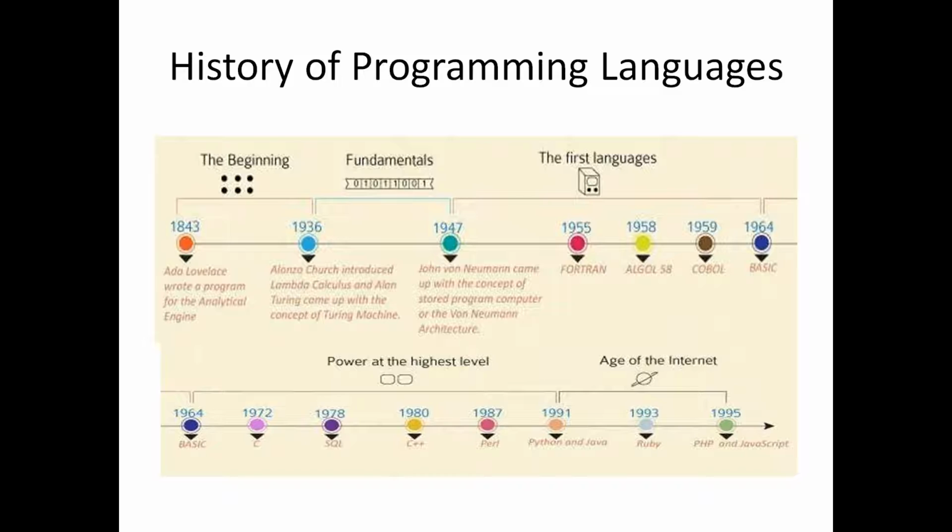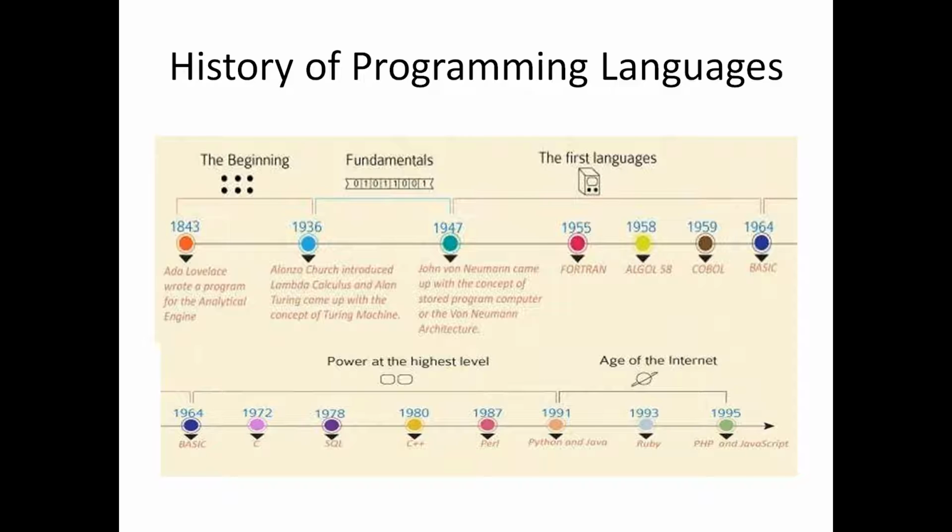So coming towards the history of programming languages, in the beginning, in 1843, Ada Lovelace wrote a program for the analytical engine. In 1936, Alonzo Church introduced lambda calculus, and Turing came up with the concept of the Turing machine. In 1947, John von Neumann came up with the concept of the stored-program computer. Then in 1955, the first programming language that came was Fortran, then Algol, then COBOL, then BASIC in 1964.